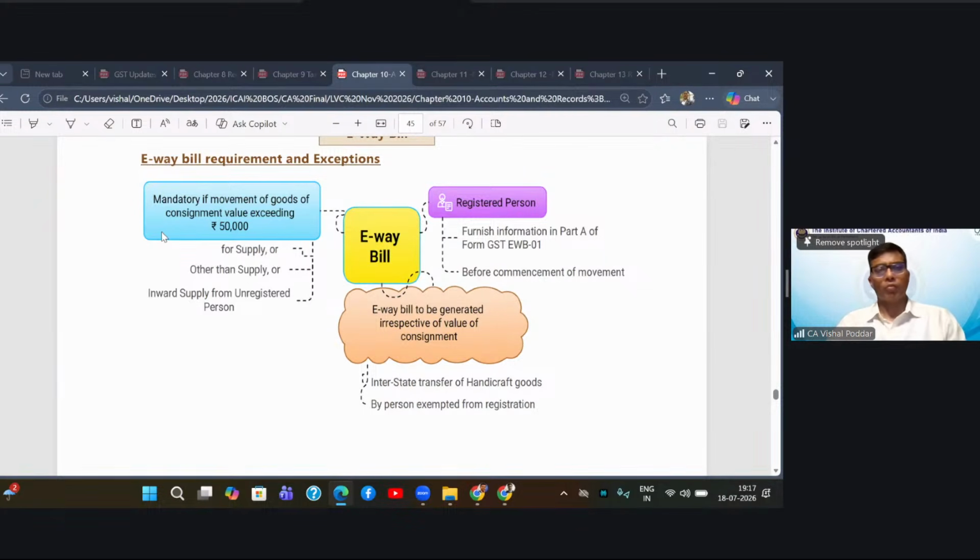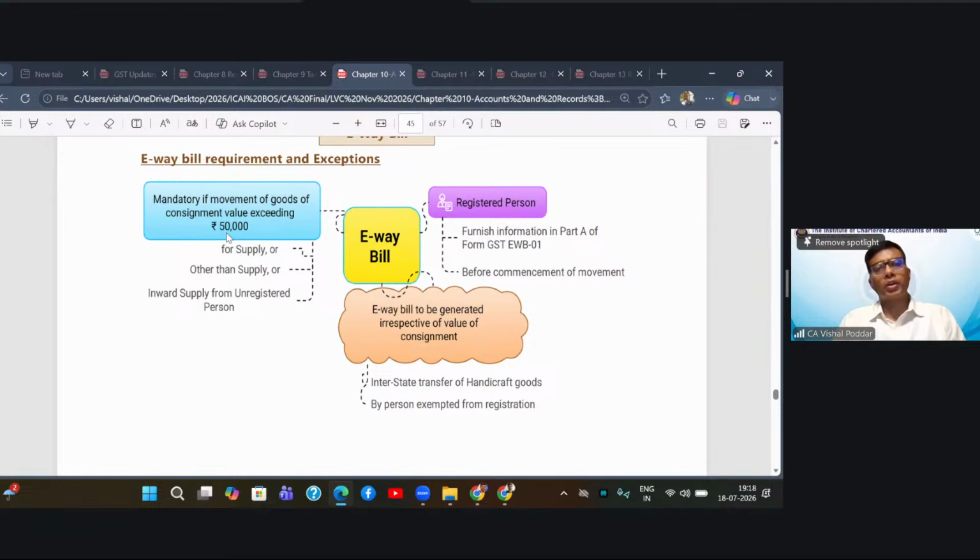Now, when is it mandatory to prepare an e-way bill? Whenever the consignment value exceeds rupees 50,000. Now we are talking about interstate supplies, because for intrastate supplies, different states have changed the limits of 50,000 to 1 lakh. But we are not studying the state-wise rules, so we are going to keep the value as 50,000 for all our practical purposes.